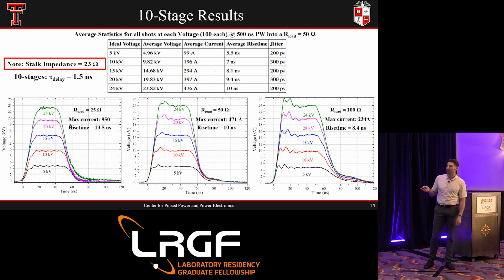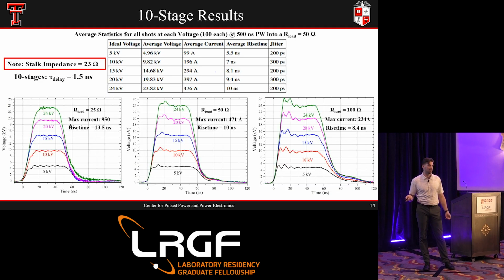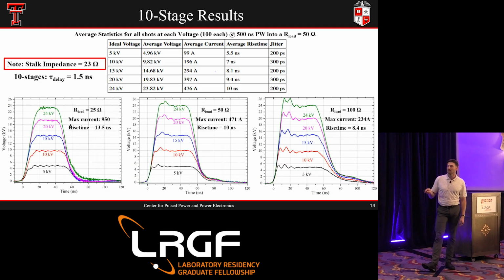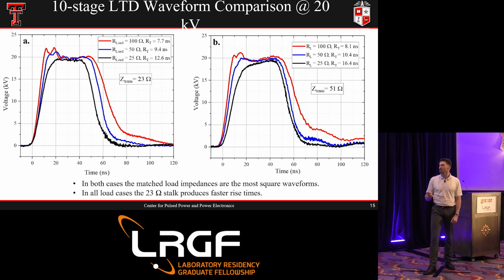If you're rated for 24 kV and you get a 26 kV inductive spike out on your load, you may damage whatever you're trying to test. Now, in some cases, you may be able to deal with that, and it's not that big of a deal. But if you're trying to do fine, precise science, you don't want this. You want something that looks like this, right? So matching your load impedance to the stock impedance is very important.